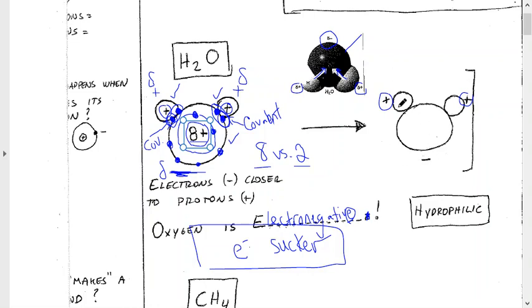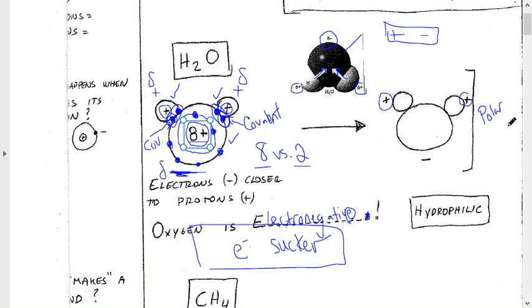And whenever you have an uneven distribution of charges, where the positives are kind of in one area and the negatives are in the other area, that is called a polar molecule. It's just like a magnet. Like a magnet might have a positive side and a negative side, right? Same thing with water, right? It has a positive side where the hydrogens are and a negative side where the oxygen is. So that is a polar molecule.